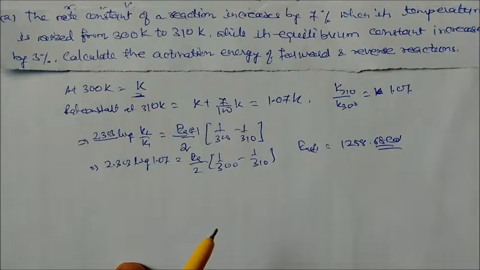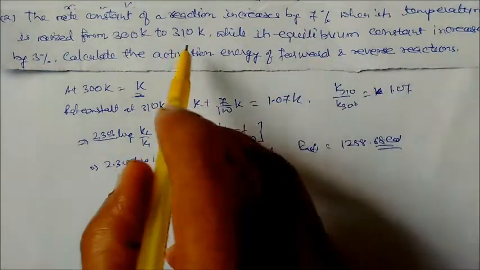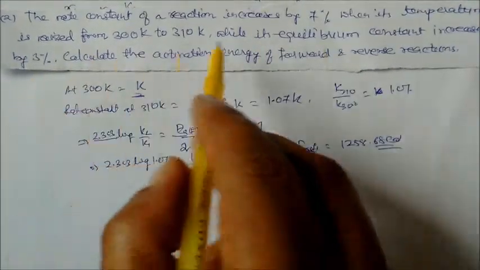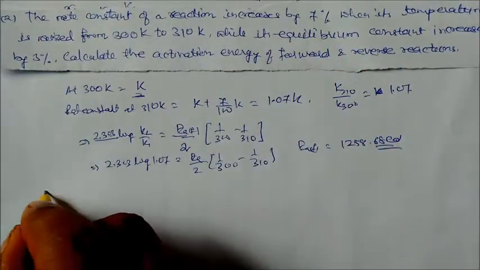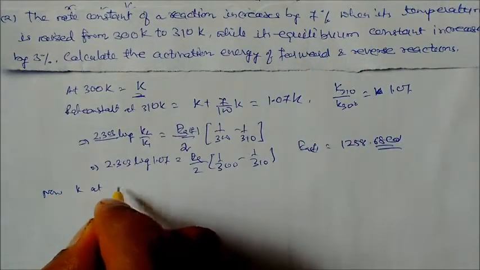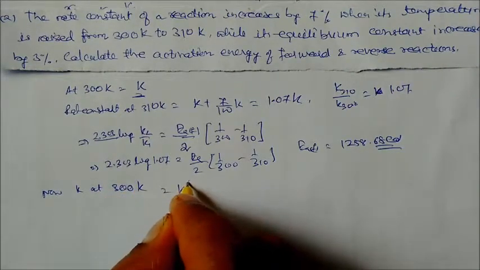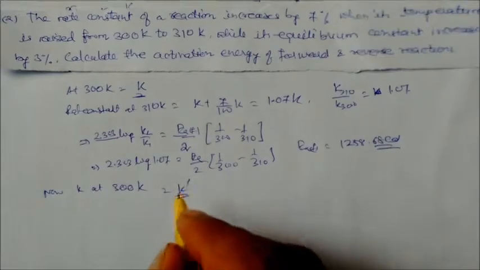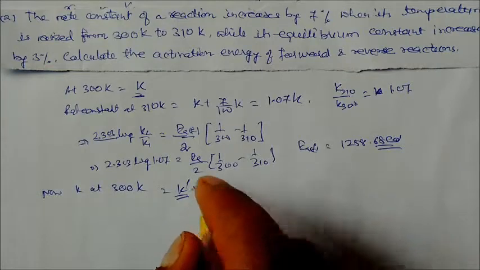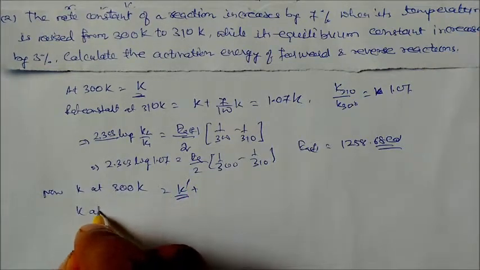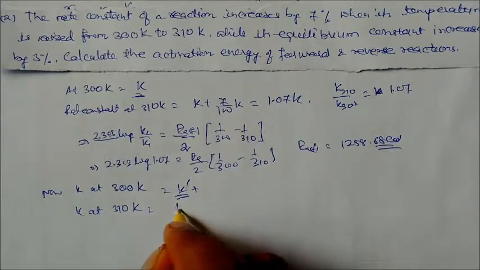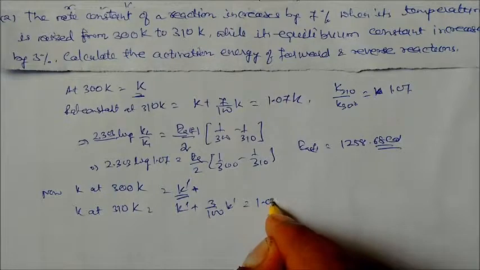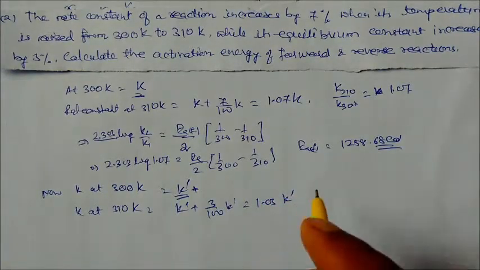Now the equilibrium constant at 300 Kelvin: the equilibrium constant increases by 3%. So we have to find the new equilibrium constant. The equilibrium constant at 300 Kelvin will be some constant K dash. It increases by 3%, so K at 310 Kelvin will be K dash plus 3 by 100 into K dash, which is nothing but 1.03 K dash.